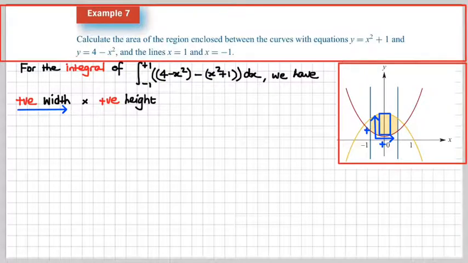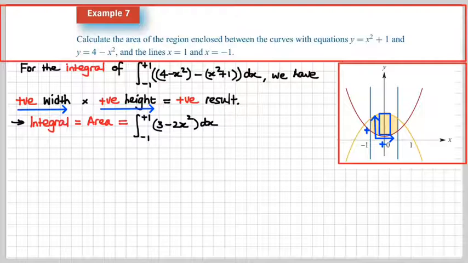Everything's positive. So the area is going to be, now I've just got rid of those brackets, 4 minus 1 is 3, minus x squared minus x squared gets you minus 2x squared, so everything's good. And now we just integrate between these limits and we'll have our answer, okay?